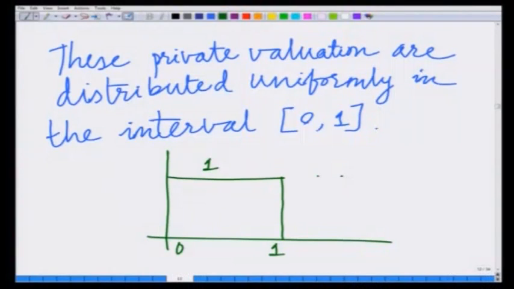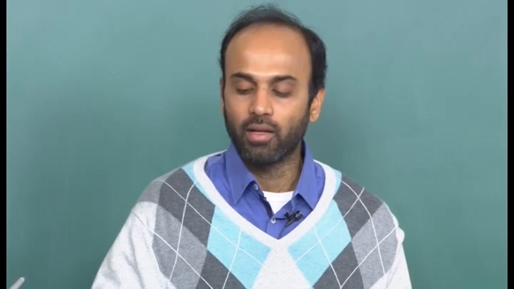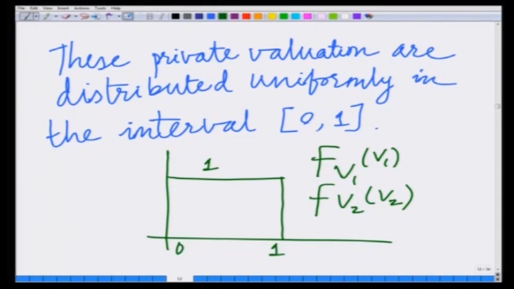We are saying the densities f of V1 and f of V2 both follow a uniform random variable distributed in the interval 0 to 1, and what we wish to find is the Nash equilibrium of this Bayesian auction game.